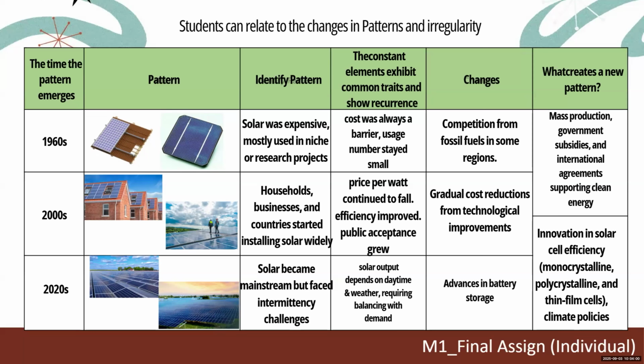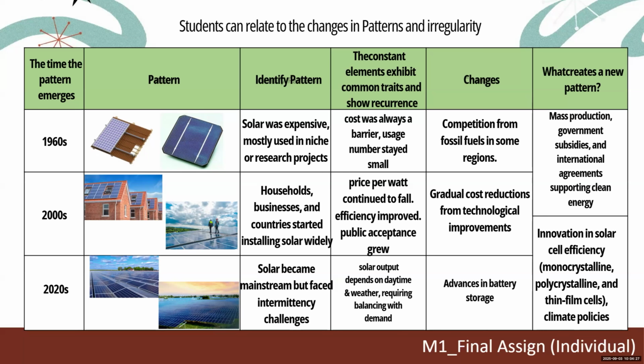And the last was the 2020s to present, where solar became the mainstream of clean energy. There are many solar farms in the world. In this time, solar output depends on daytime and weather and requires balance with demand.